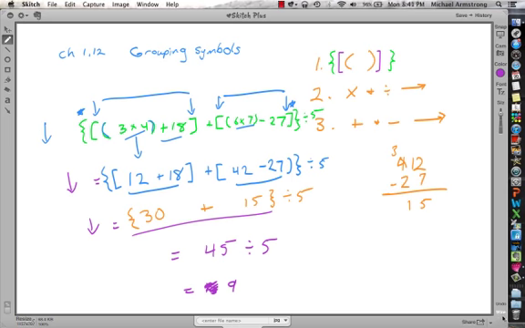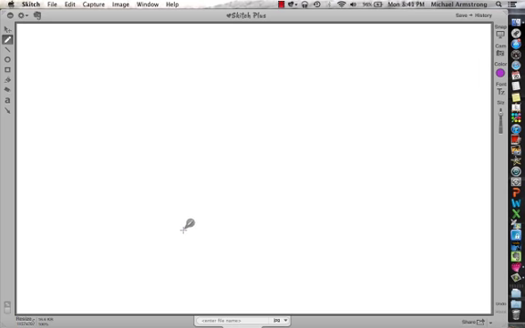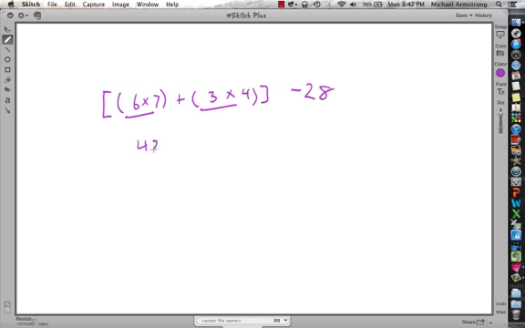Maybe we should do just one more to make sure you understand what's happening. This one is slightly easier. Brace, parenthesis, 6 times 7, parenthesis, plus open parenthesis. My algebra instructor used to say quantity 3 times 4. Put it in parentheses like that, close the brace, and then subtract 28. Again, we're going to work our way through the parentheses first. 6 times 7 is 42.